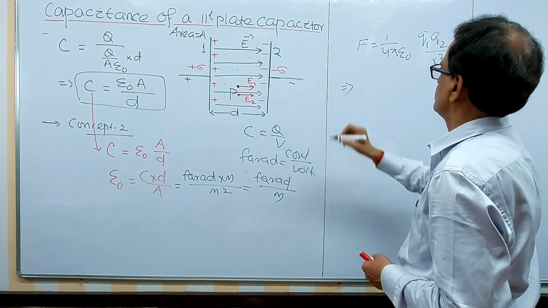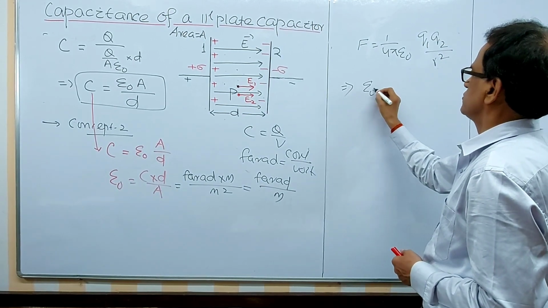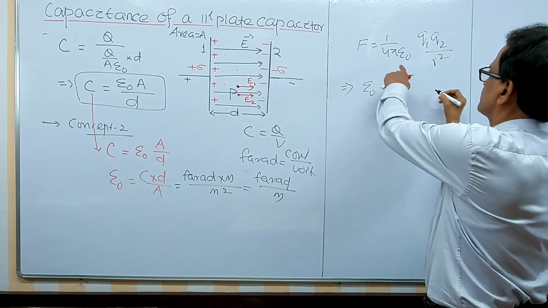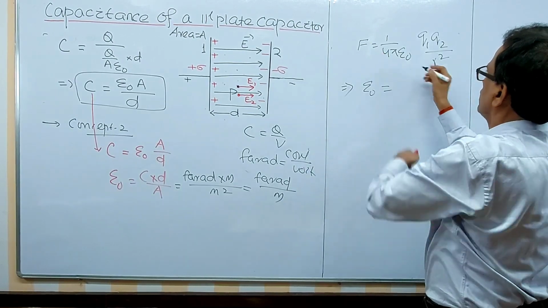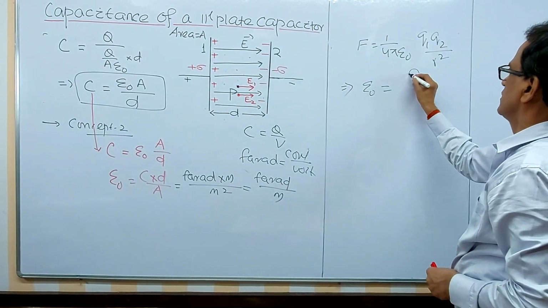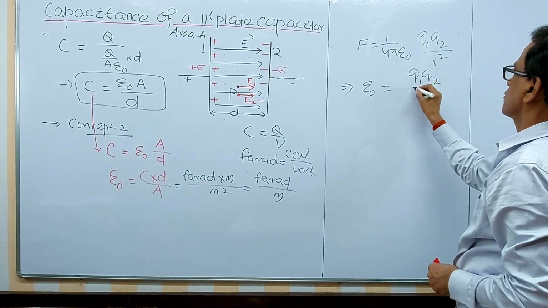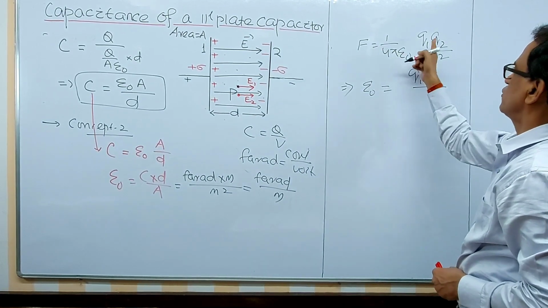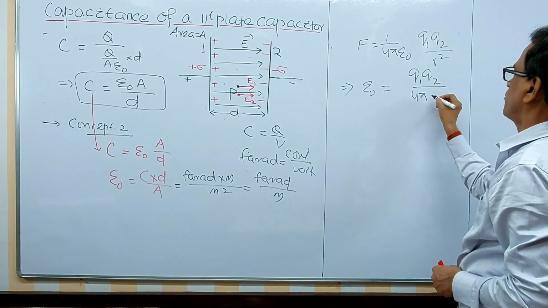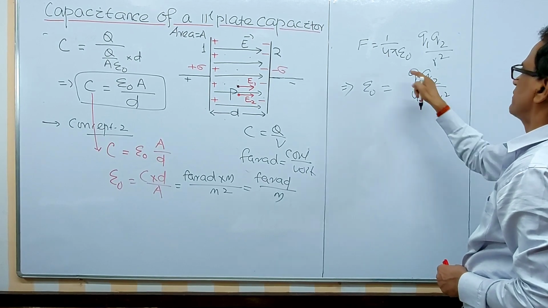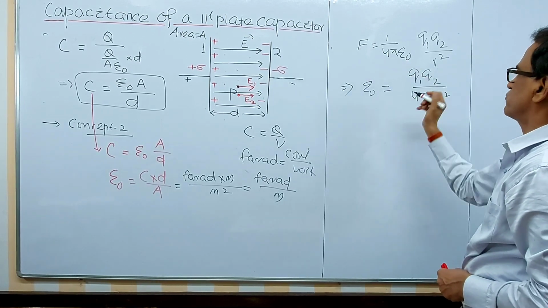From this, epsilon 0 equals Q1 Q2 by 4 pi F R square, taking epsilon 0 to one side and F to the other.